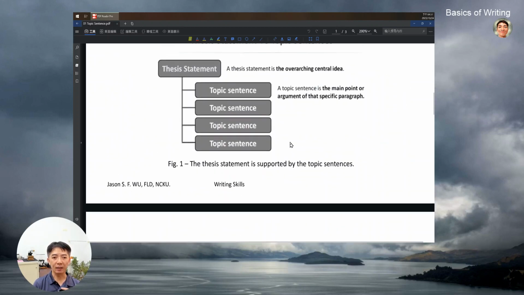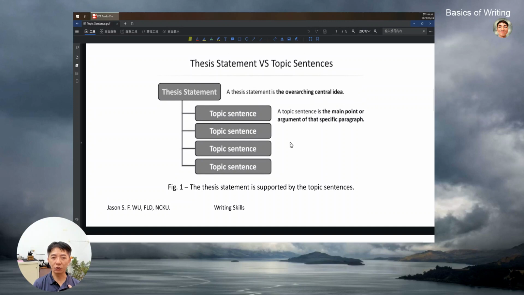So you can see that this is a diagram that shows you where you can find the thesis statements and the relationship between the thesis statements and the topic sentences. So the thesis statement is the overarching central idea, and the topic sentence is the main point or argument of the specific paragraph. That's why in Chinese the thesis statement is called 主旨句 and the topic sentence is called 段落主题句. So in short, you can say 主旨 and 主题.